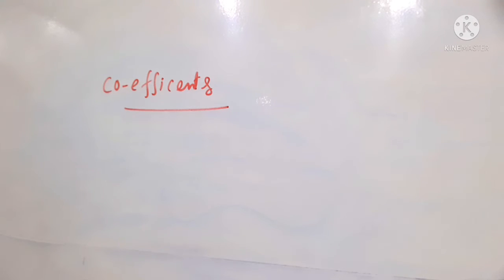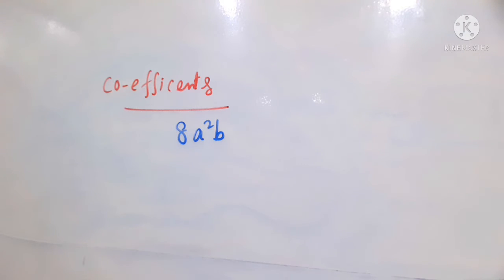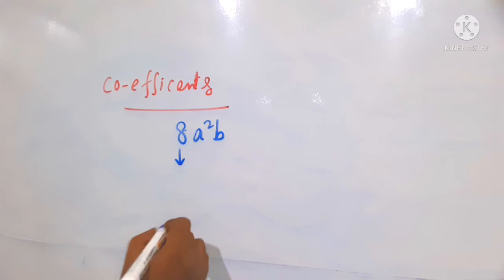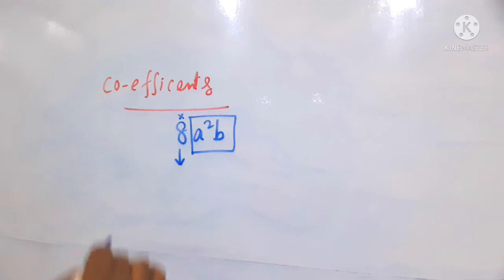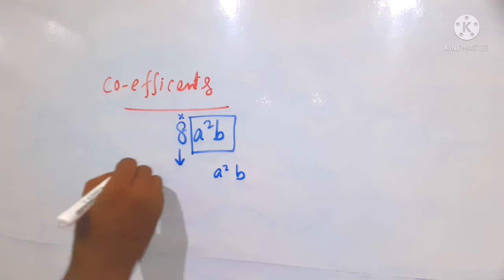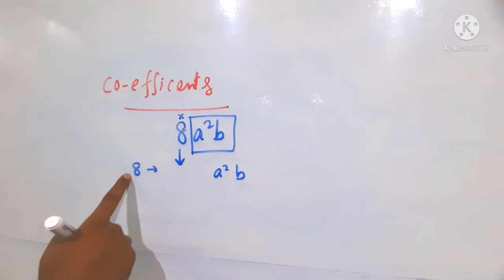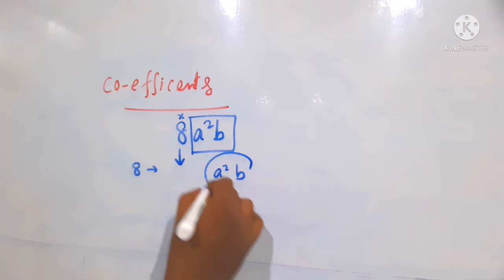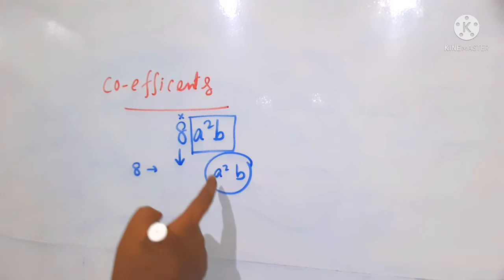Check the example we have discussed, 8a square b. If anyone asks what is the coefficient of 8, then you have to find the rest of the part except this one. So the coefficient of 8 is a square b. If we write the algebraic expression, and on the right hand side we write the coefficient: 8, its coefficient is a square b.